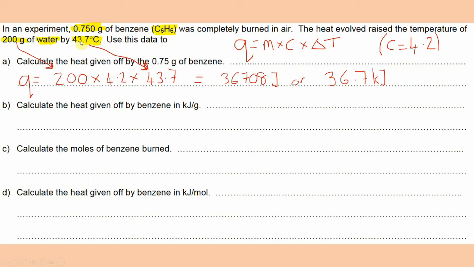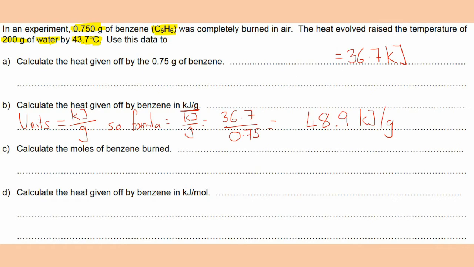Here, instead of a start and a final temperature, you've got the change, which is 43.7 degrees Celsius. So Q is 200, from the mass of the water, times the specific heat capacity of water, 4.2, multiplied by the change in temperature, and if you put those numbers in, you get 36,708 joules, or we'll call that 36.7 kilojoules.